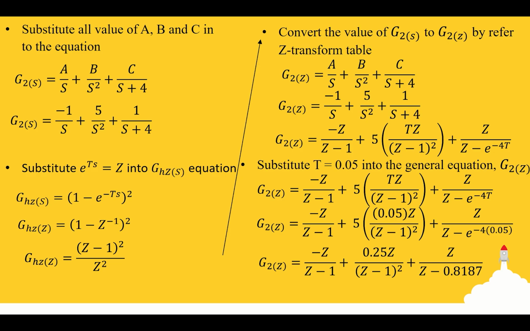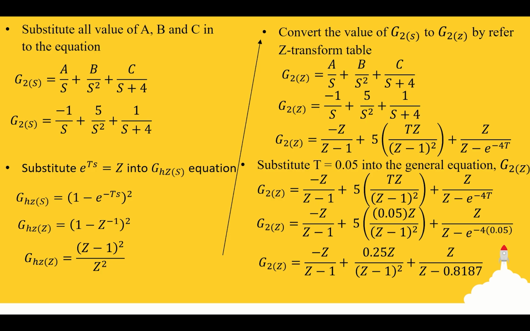And how we get this Z minus 1 squared over Z squared is because Z to the power of negative 1 is equivalent to 1 over Z, so we have to make the denominator the same, therefore 1 is equivalent to Z over Z. When combined, it will become Z minus 1 over Z, and as we apply the square, we will get Z minus 1 over Z squared.